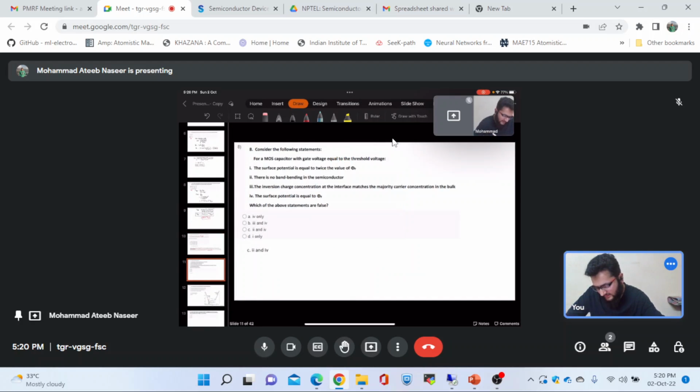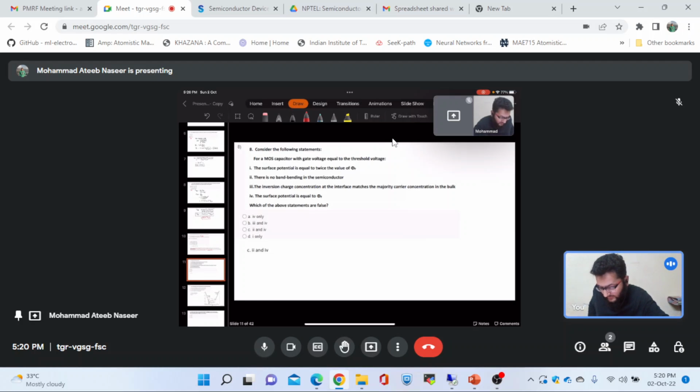It says that if we have the MOS cap with gate voltage equal to the threshold voltage, we know that at this condition the surface potential must be equal to 2 phi f. So we have to look into this and find which of these statements are false.